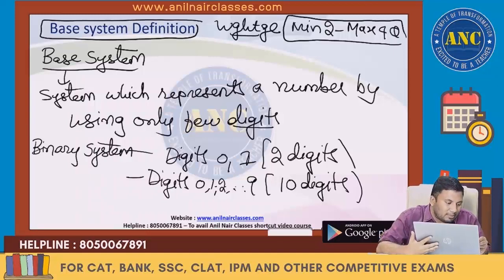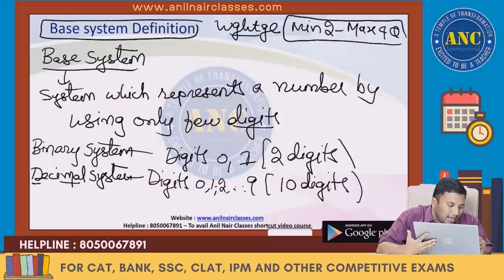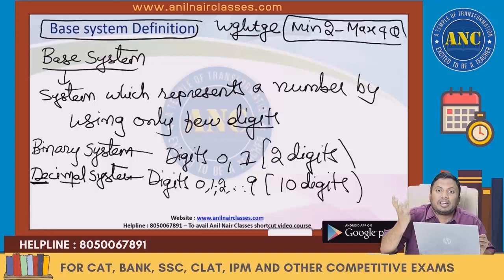So this system is called a decimal system. DEC is 10, and MAL is digits. A system which uses only 10 digits is called a decimal system. A system which uses only 2 digits is called a binary system.